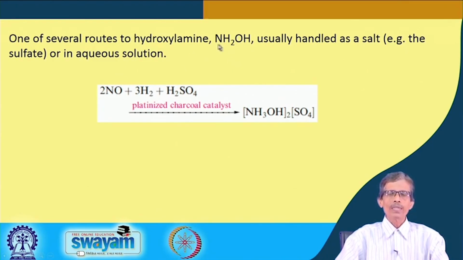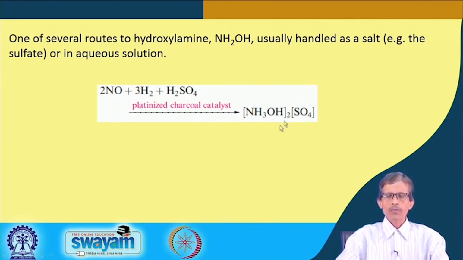So how do we go for that conversion? With NO we need only addition of hydrogen. What is the difference between NO and NH2OH? You can compare by the addition of 3 hydrogen atoms. If we transfer those hydrogen atoms to the nitric oxide molecule, with nitrogen in the +2 oxidation state, we get the corresponding hydroxylamine sulfate.